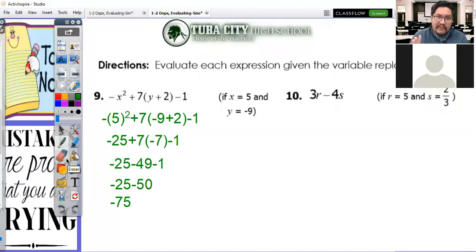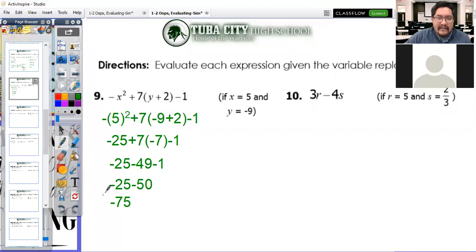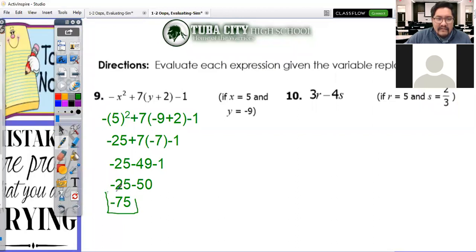Now, also be careful with this one because if you have a negative combined with another negative, or a negative minus a number, then you get a bigger negative. It's not like multiplication, where you multiply two negatives and get a positive. If you combine two negatives with adding or subtracting, you get a bigger negative. So in this case, we end up with negative 75.